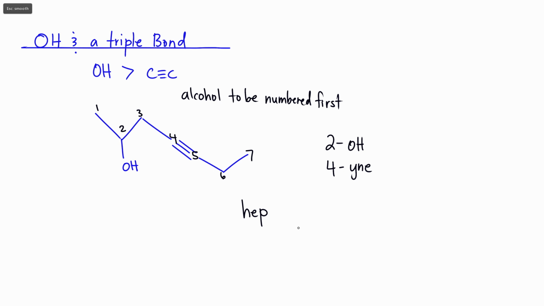Remember that the OL is going to have priority and it's going to come last, at the end of the name. So we have hept, and on 4 we have a yne.